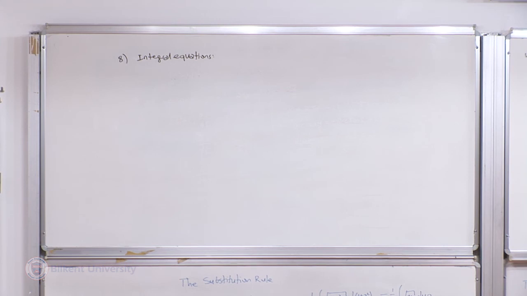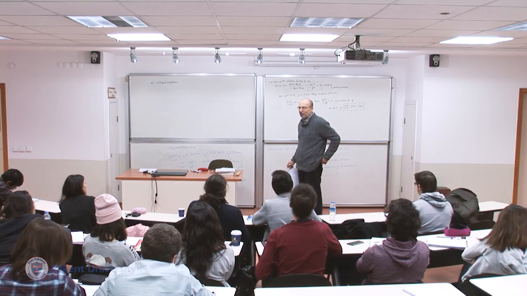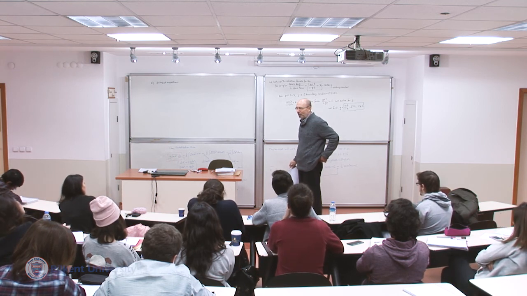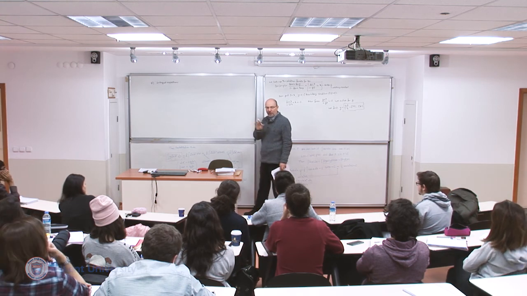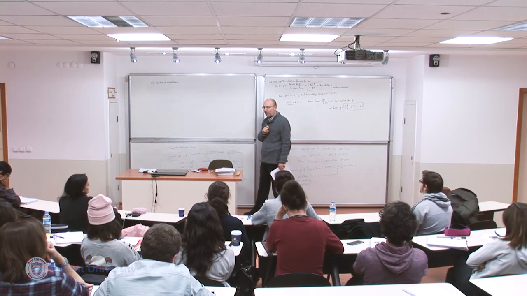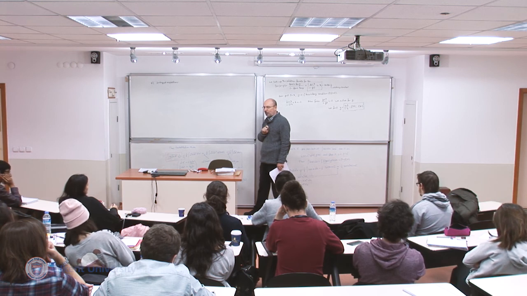In an integral equation, you want to find the function, but you only know its property related to some integral. But both of them are related because we know that integration and differentiation are inverses of each other.